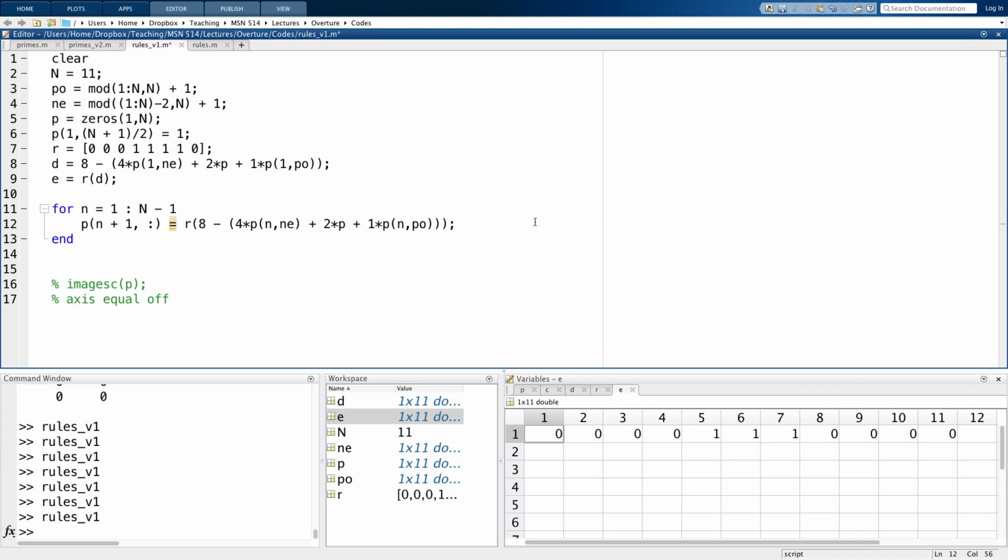I hope it's clear to you. So let's say n is 1, then we do all these things that we were doing for the first line of P, and after all is done, we get the second line of P. Then n becomes 2, we get the third line from the second one.